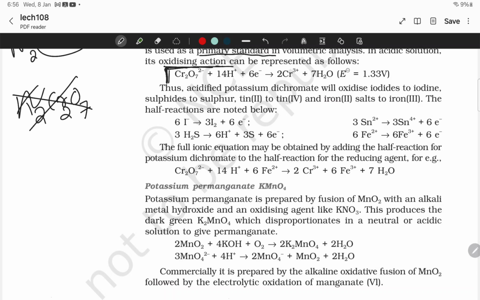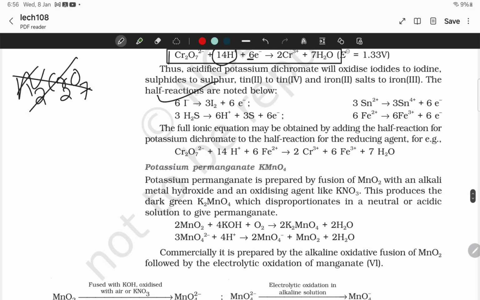Cr2O7 2 minus plus 14H plus plus 6 electrons gives 2Cr3 plus plus 7H2O. Okay, and the different reactions are given.